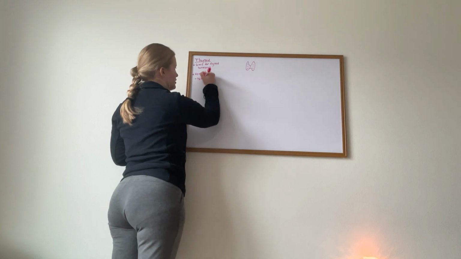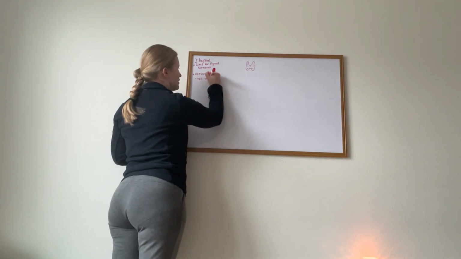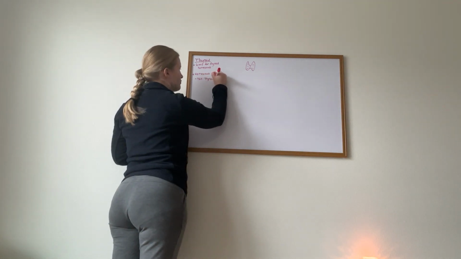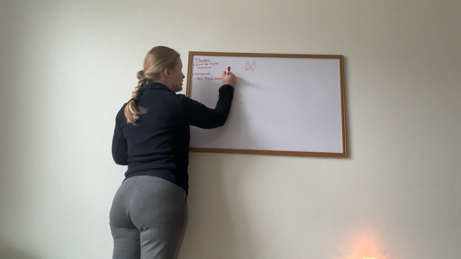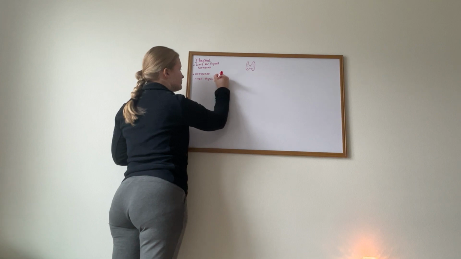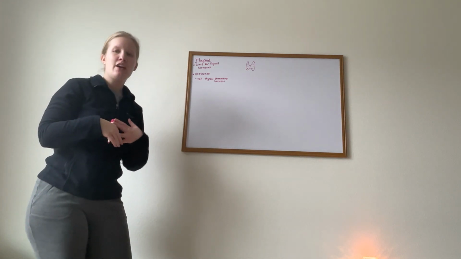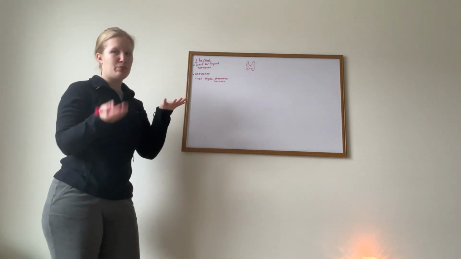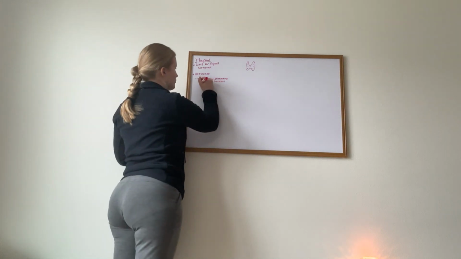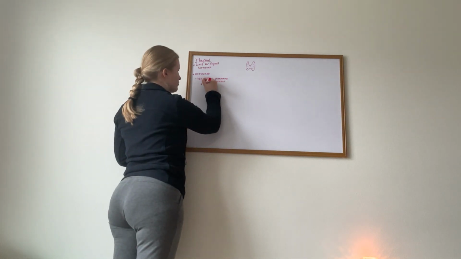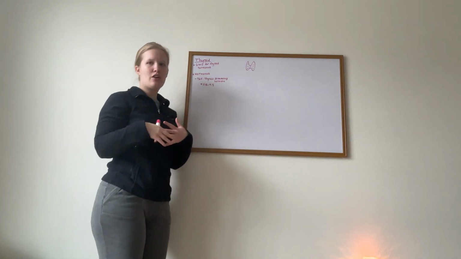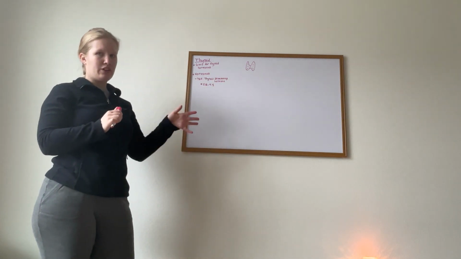So TSH, thyroid stimulating hormone. All right. Now the normal levels for TSH in your body is 0.5 to 4.5. That's the normal range of this hormone within your body.